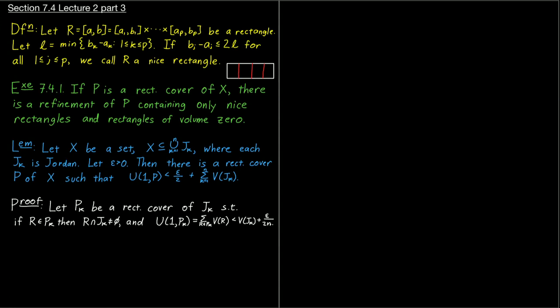All right. Then the union of the PKs is a collection of finitely many rectangles.